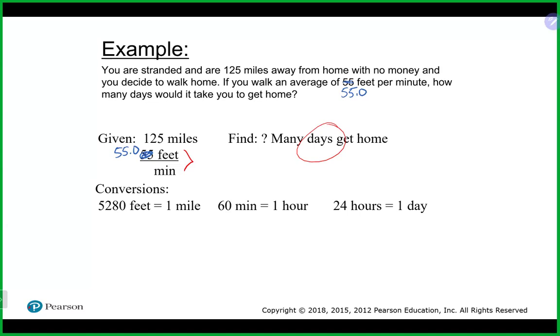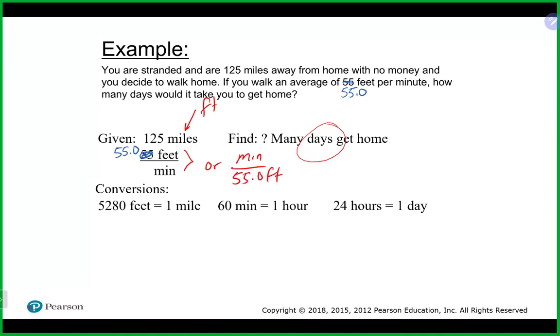So once again, you could do the conversion like we talked about previously. In this case, you could take the miles to feet, or you could take the conversion factor there from feet to miles. I, again, am going to take this into feet first. That way I could use this as a conversion factor. And once again, if I needed to, I could also flip this around and put minutes up on top and 55.0 feet.